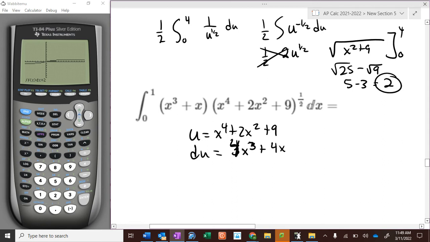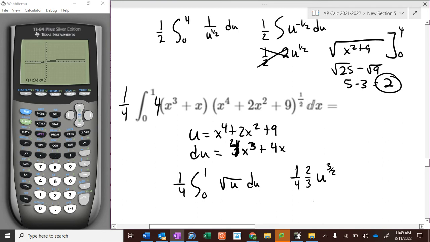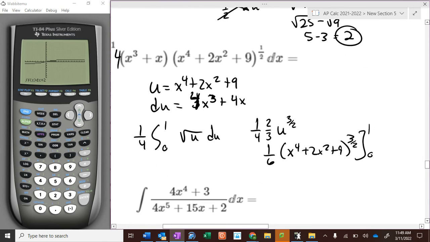So this needs a 4 here with a 1/4 out front. So it's 1/4 the integral from 1 to 0 of the square root of u du, which is 1/4 u to the 3/2 with a 2/3 in front. So it's 1/6 of x to the fourth plus 2x squared plus 9 to the 3/2 from 1 to 0.